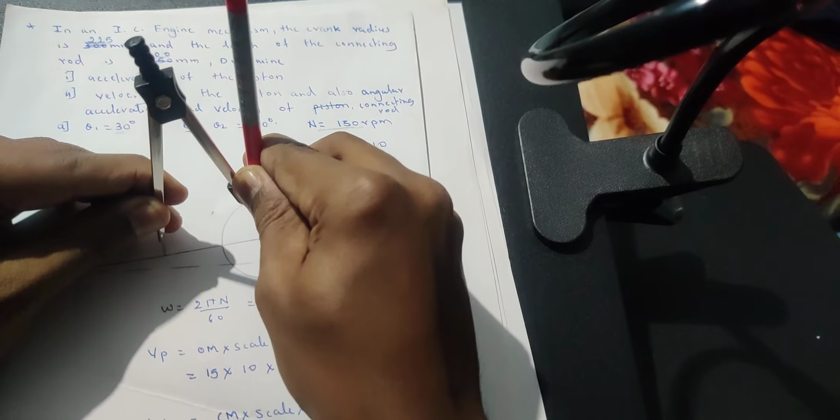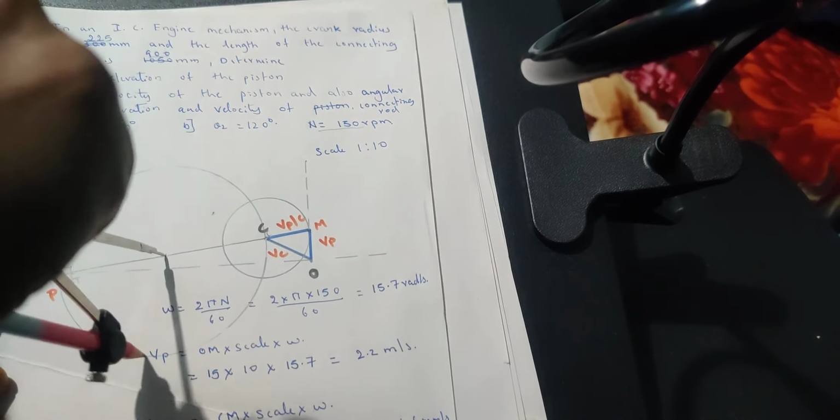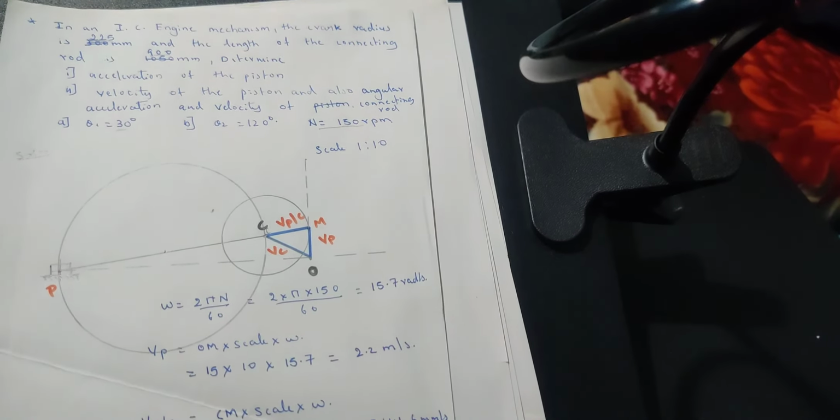So this circle has to cut the previous circle here. If I just draw that, this will be cutting the previous circle.